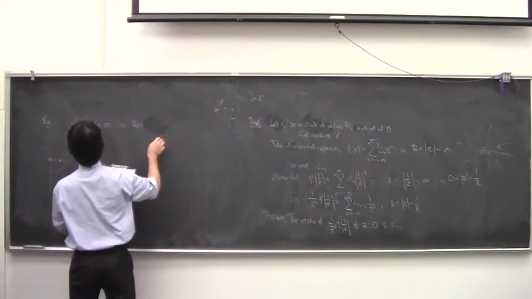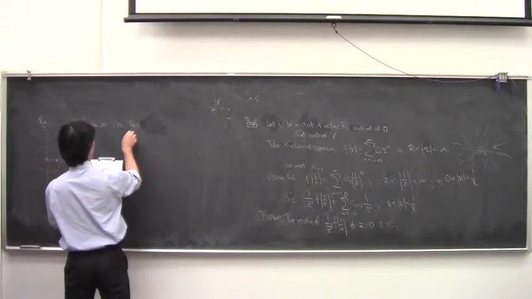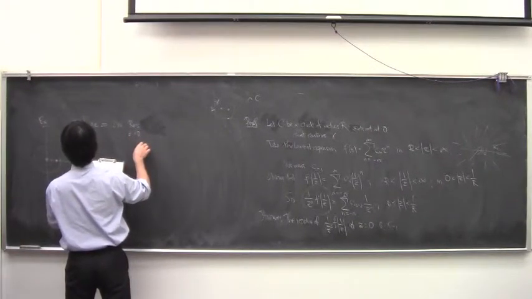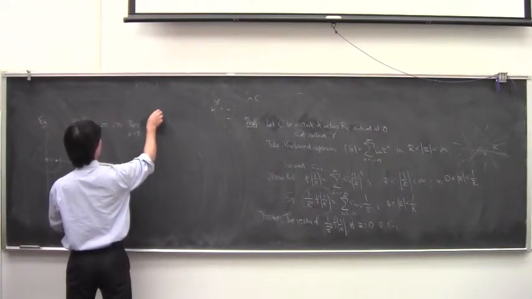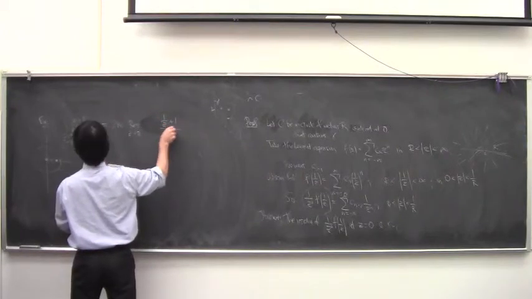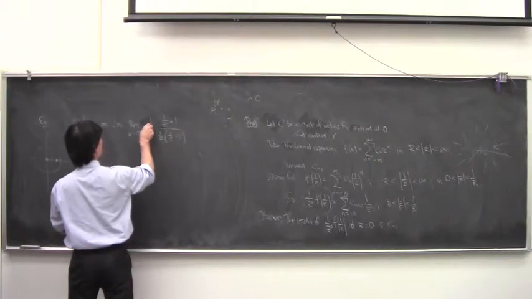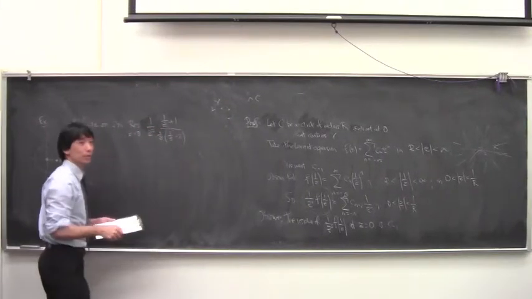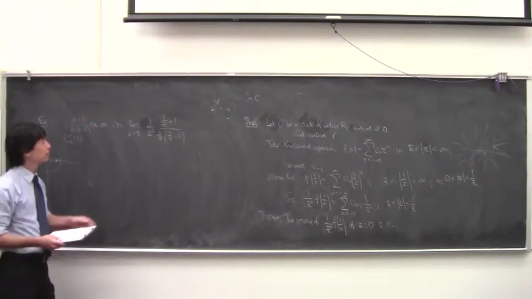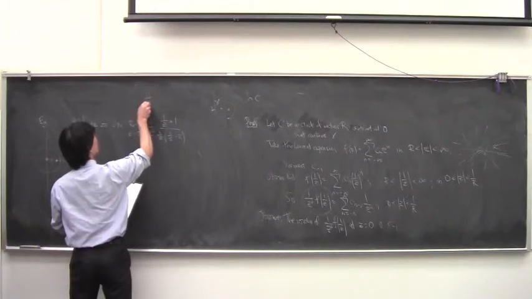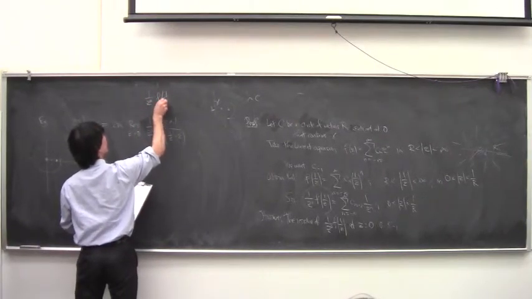The residue of this guy at infinity. So the residue of 1 over z plus 1 over 1 over z minus 2, everything times 1 over z squared. Okay, so you have your 1 over z squared, f of 1 over z.